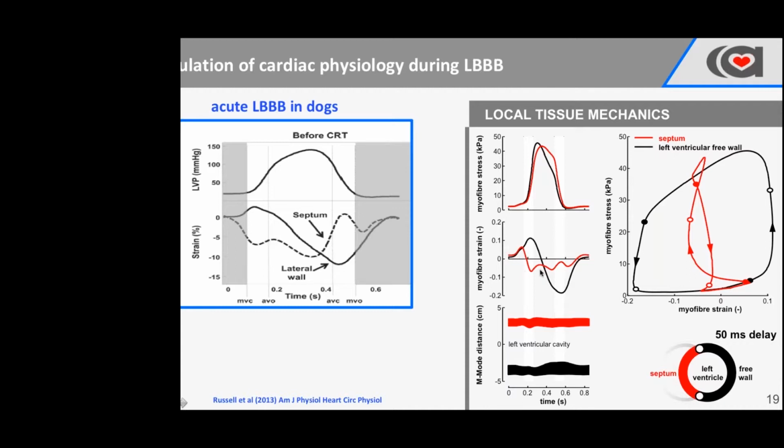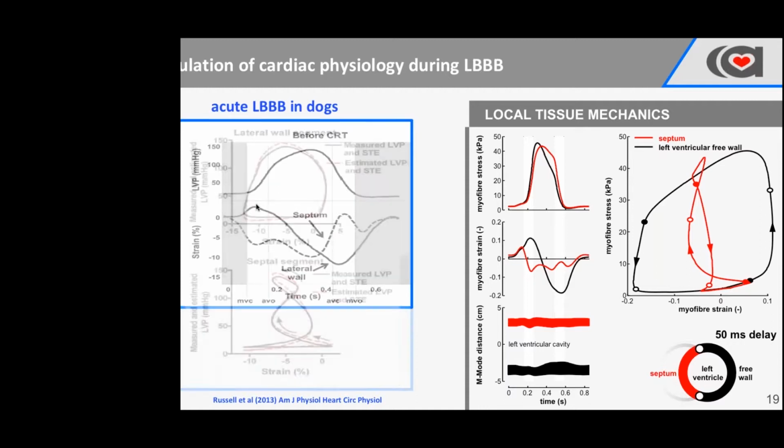And this pattern you see clearly in our simulation results. And you also clearly see, as we saw in our simulation, that the free wall was extended and then had a more vigorous shortening. That is also the case in the dogs with the left bundle branch block. That shows that the lateral wall has primarily a first extension and then an enhanced shortening.